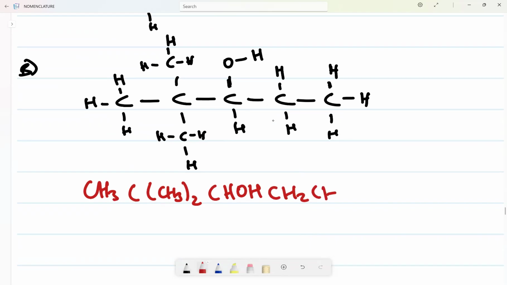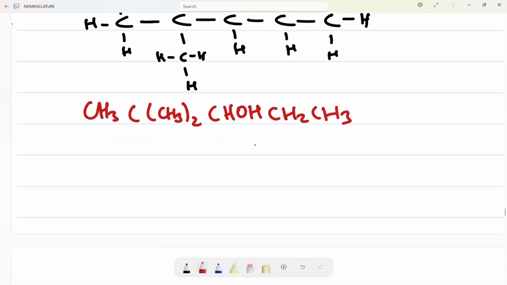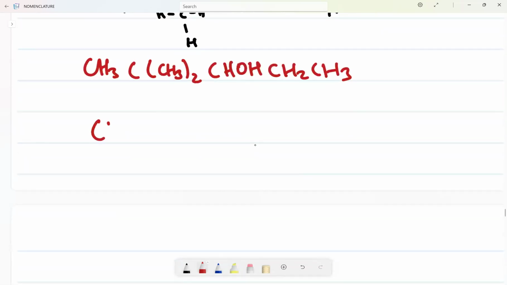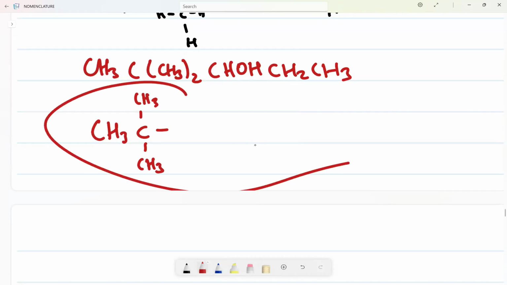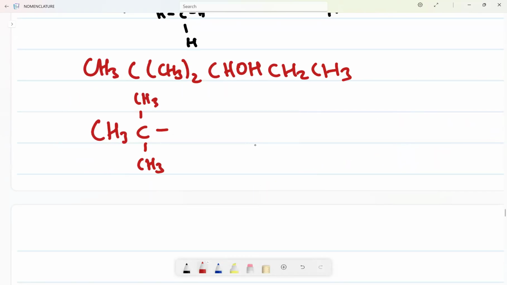CH2, CH3. Or another way I can write this is CH3. On this carbon, I have a CH3, and I also have a CH3. This is easier than the bracket one. CH3, then I have a CH, OH.